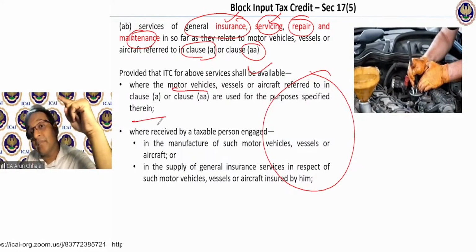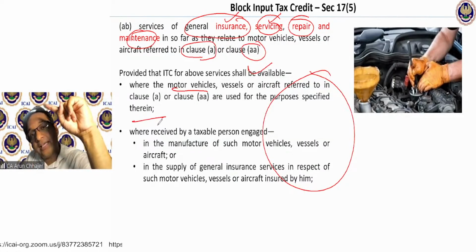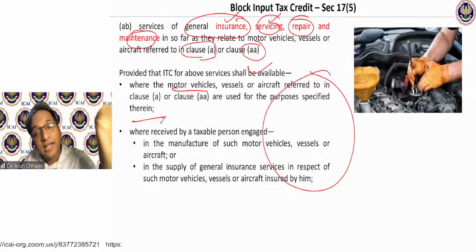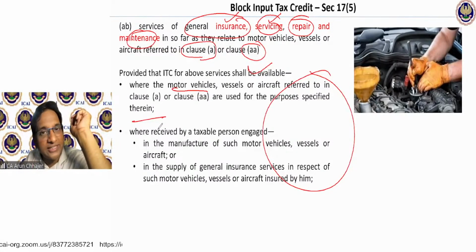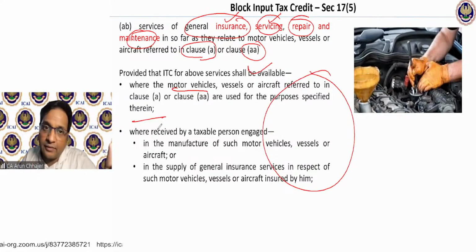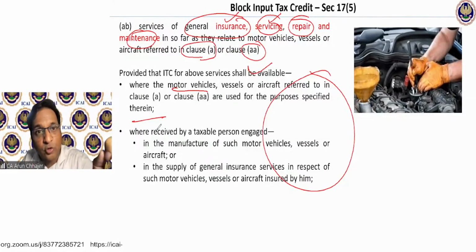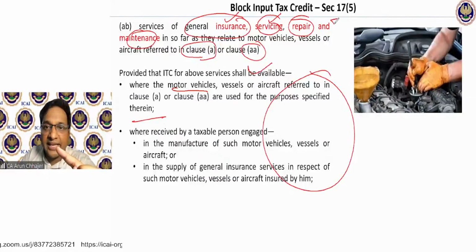It means if the motor vehicle is covered in the exception category. What are the exception categories? Further supply, imparting the training, transportation of passenger, or it is a goods vehicle. Then the ITC is not blocked. Correct. The ITC is not blocked, and even this expenditure is also not blocked.